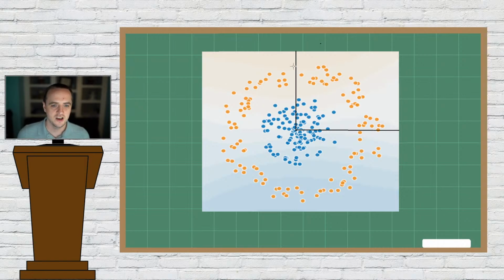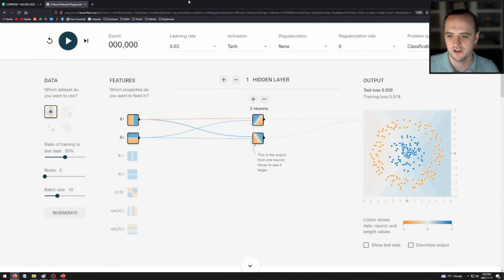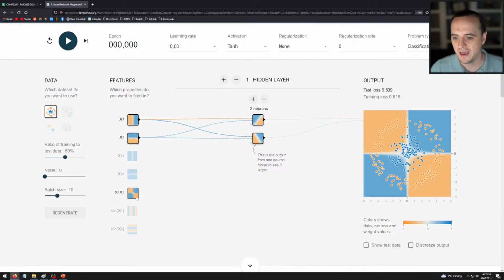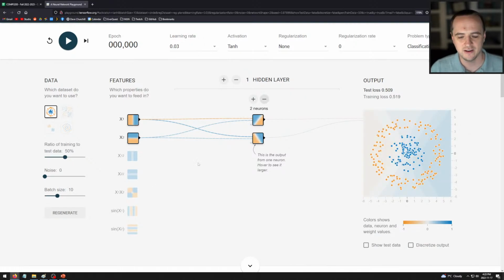Because essentially, I've got a bunch of numbers representing the distance from the origin. So for example, I could say anything below a 3 is blue, anything greater than a 3 is orange. So if I'm just trying to differentiate between greater than 3 or less than 3, I can do that with a single line.